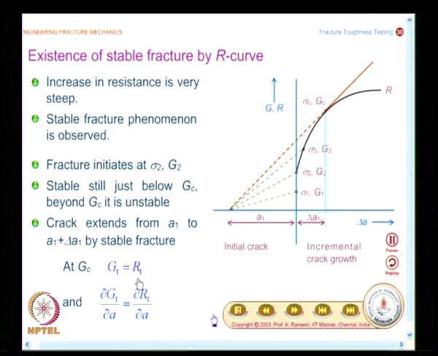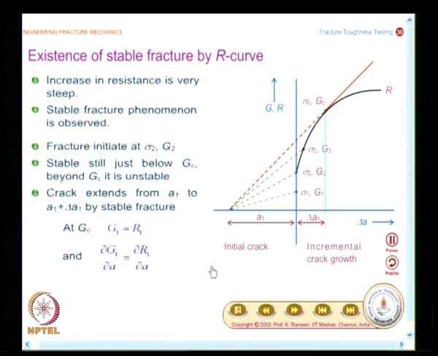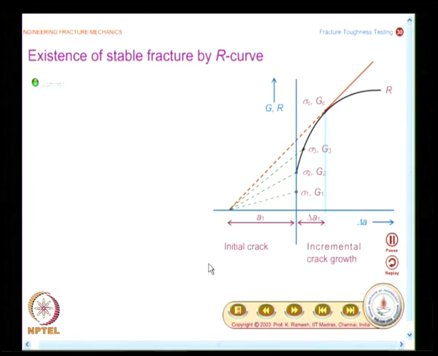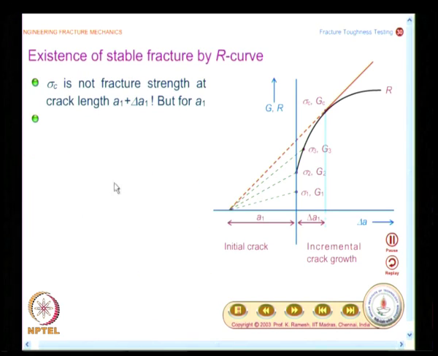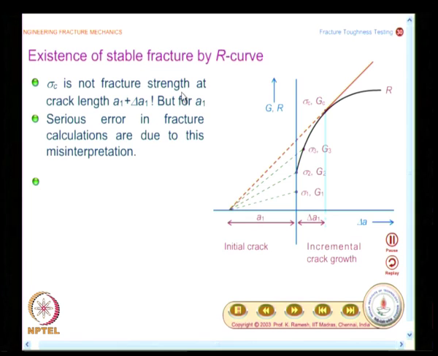G should be equal to R, that is the necessary condition, and the sufficient condition is dou G divided by dou A equal to dou R by dou A. That is satisfied when it becomes a tangent, and the issue you look at in the literature is that sigma c is not the fracture strength at crack length A1 plus delta A1, but it is for A1.